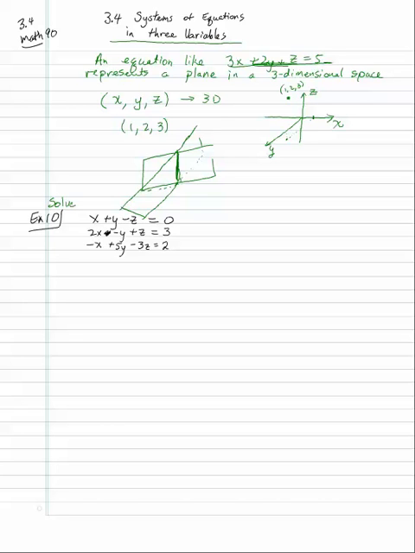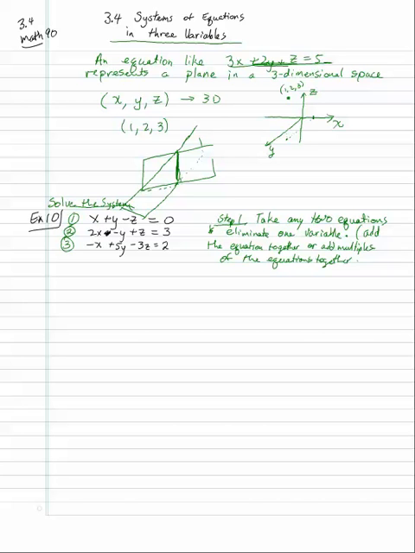Okay, so we're going to solve this system of equations. Now what I want you to do is get used to labeling it. So we're going to label equation 1, 2, 3. Okay, so first step is we're going to add the equations together or multiples of the equations together to eliminate a variable. So it's that same technique. So let's take equation 1 and equation 2, add them together, and we're going to eliminate z.